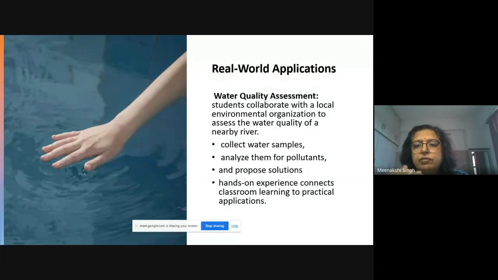So here again, they will need to delve into chemistry, biology, environmental sciences. They'll have to go by the procedure. They'll have to collect water samples, then analyze. A lot of things will be there, and these are projects.